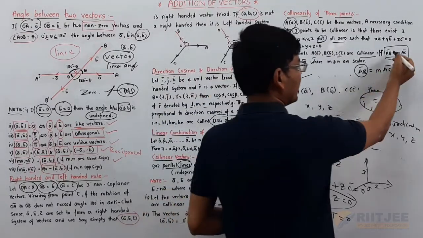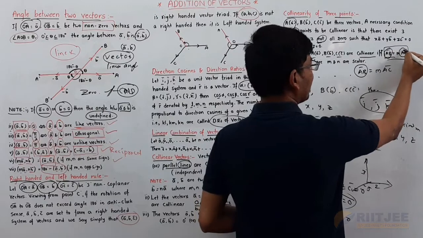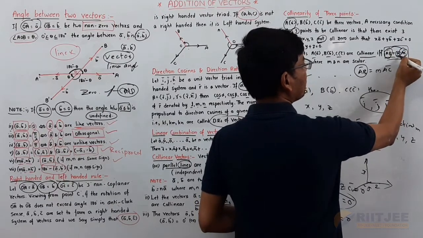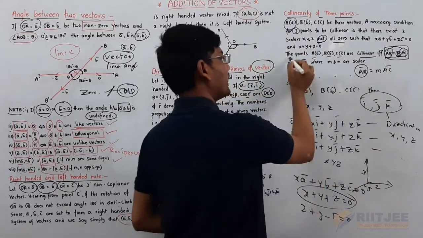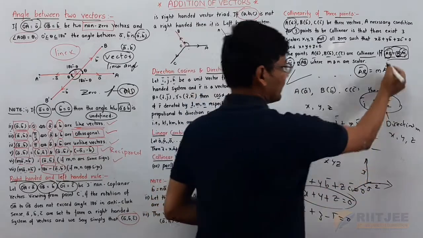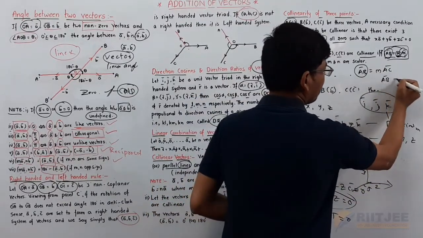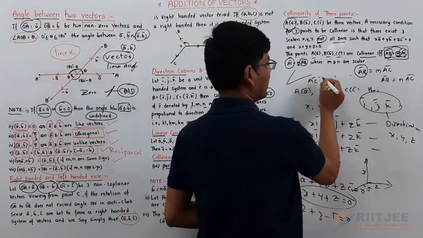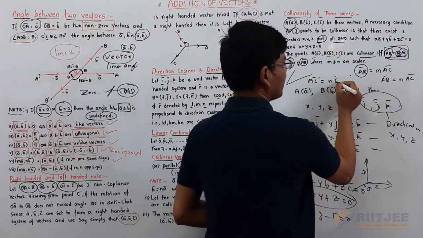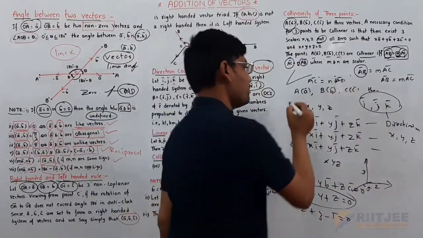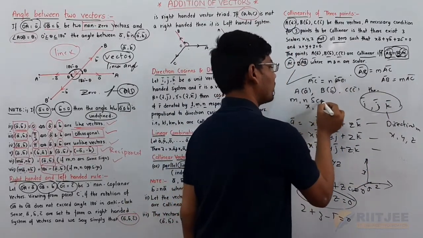If this vector is a multiple of m, or else AB is a multiple of n with AC bar, otherwise AC bar is equal to a multiple of n with AB bar, where m and n are scalar quantities.